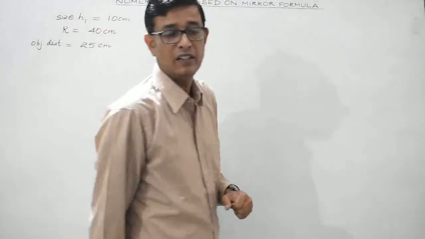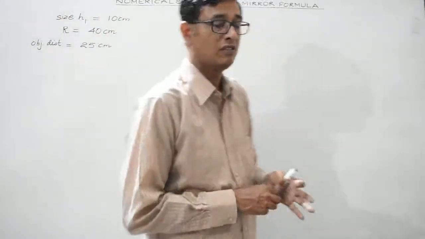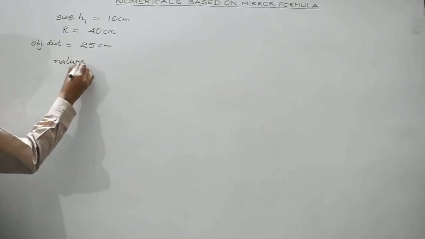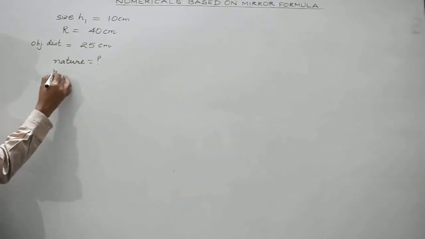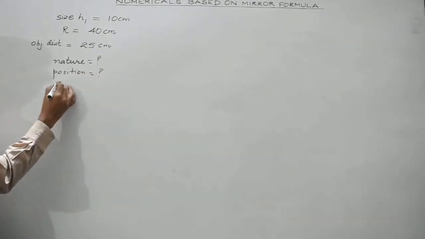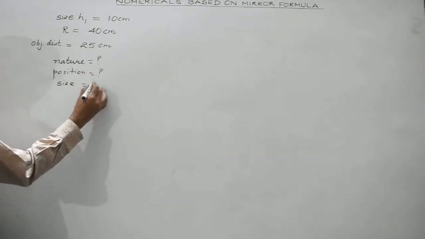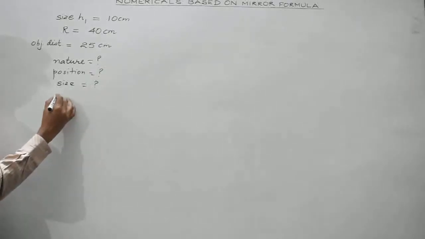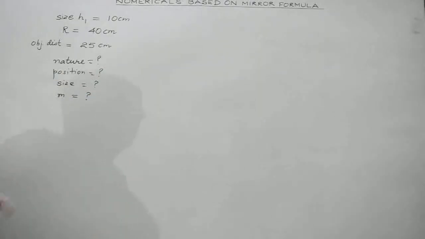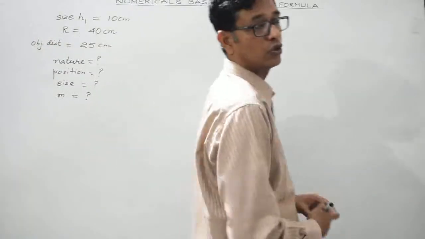You are supposed to find the nature, position, size of the image and linear magnification. So these are the 4 parts which we will try to solve.